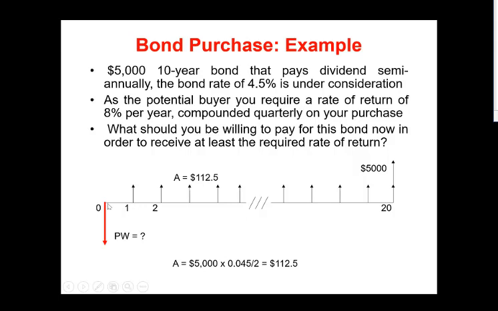So we have 20 payment periods, okay, 20 payment periods. And each payment is $112.5.